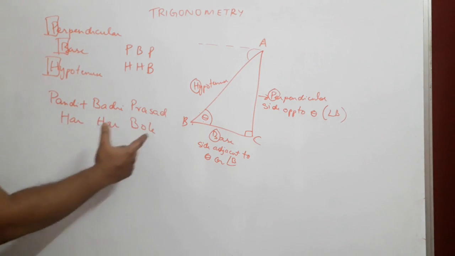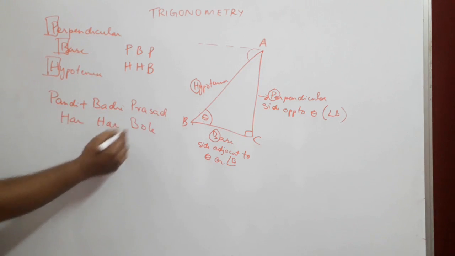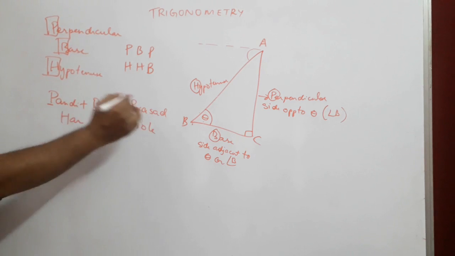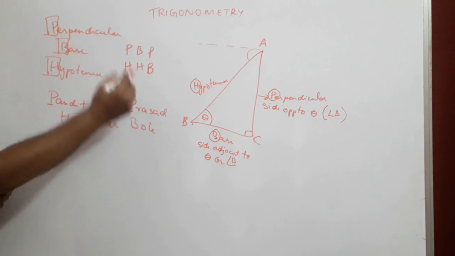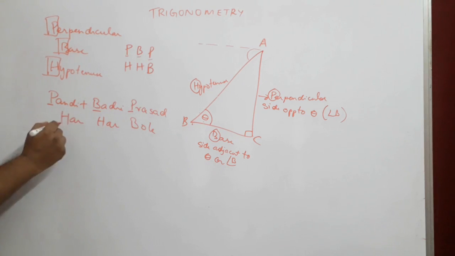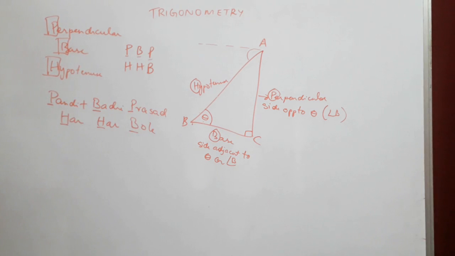Why do we remember Pandit Badri Prasad over here? Because if you notice carefully, the first letters of these words, or of his name, Pandit Badri Prasad, represent these letters PBP. Har Har Bole, HHB. Now, why do we need Pandit Badri Prasad in trigonometry?